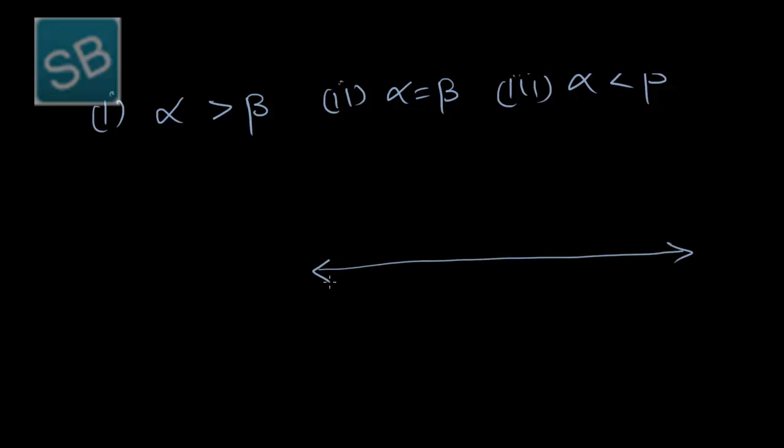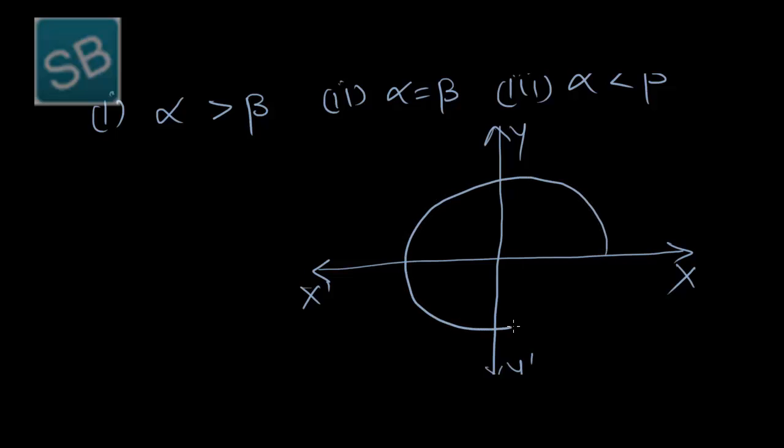So first of all, we are going to draw a unit circle. This is the x-axis, this is the y-axis. We draw a unit circle with the origin. Let A be the point with coordinates (1, 0). Let P of alpha be any point with angle alpha.